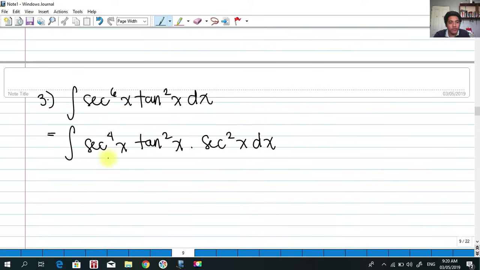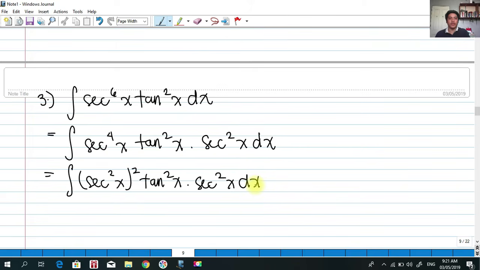But the problem is we have to express this also in terms of tangent, so we can use the U substitution. So that is equivalent to integral of secant squared of x raised to 2 tangent squared of x, multiply that by secant squared of x dx.